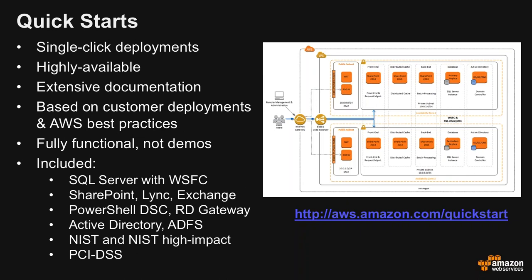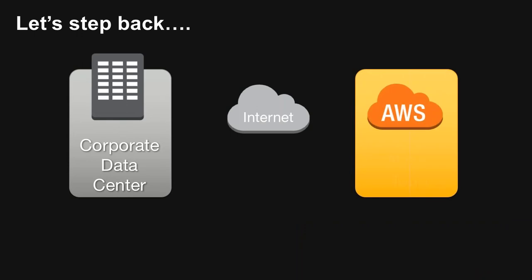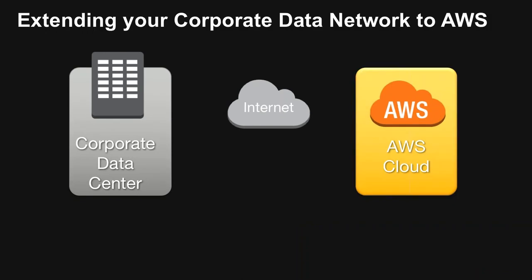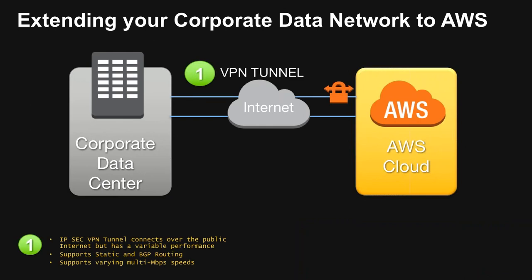Many of our customers ask us to step back and talk to them about, once this infrastructure is deployed into AWS, how do they actually connect their corporate data center to the AWS cloud? So when we step back we actually offer two different solutions to do this. The first solution is a VPN tunnel.